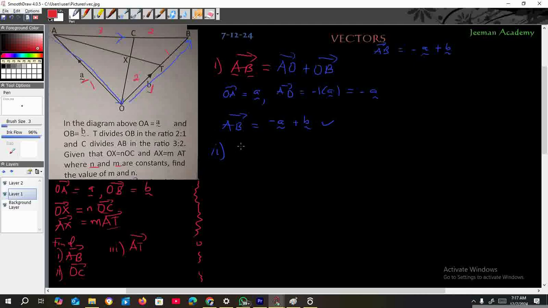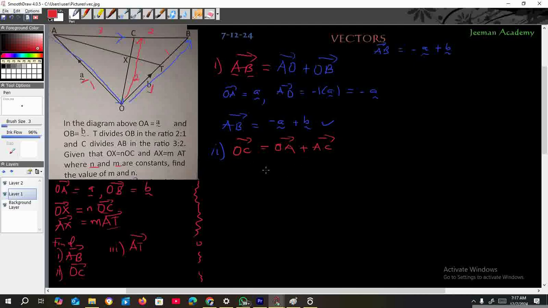Now we look for the second vector. That is vector OC. From here, OC, we are moving from here to C. So we can move from O to B, then from B to C, or we move from O to A, then from A to C. So I'll choose moving from O to A, then moving from A to C. Now we are given the ratio in which C divides AB.